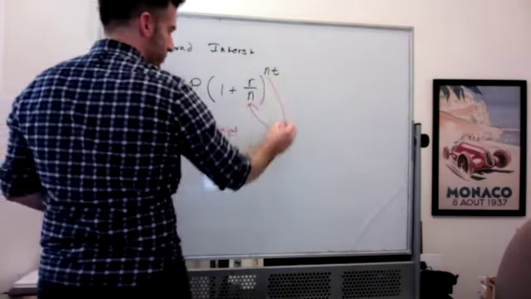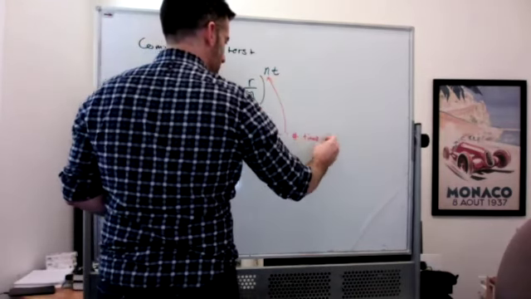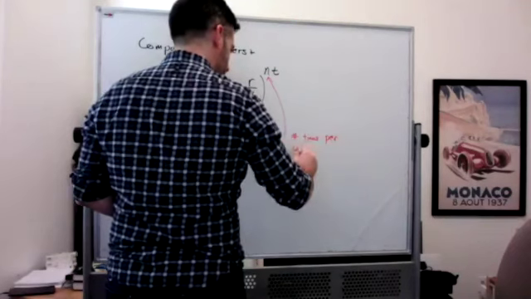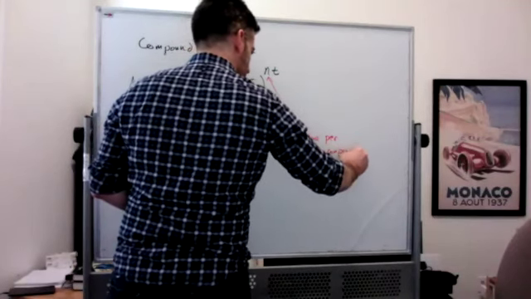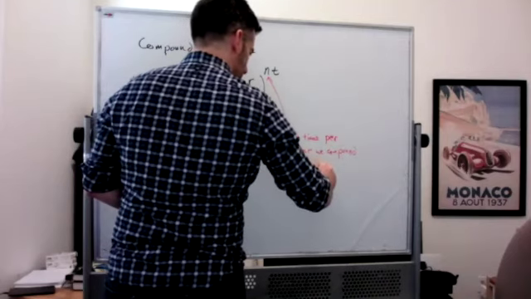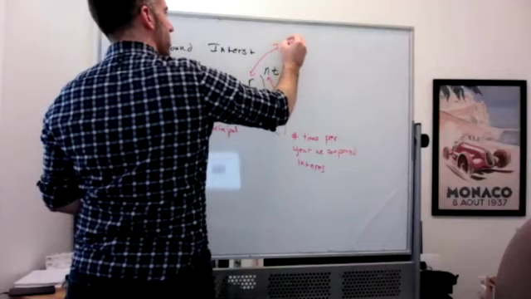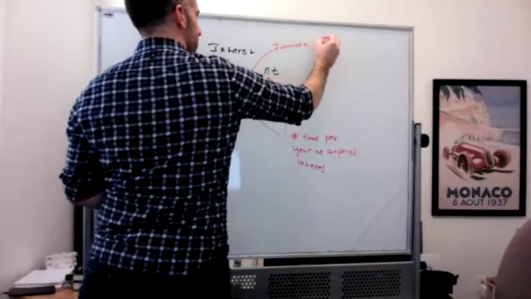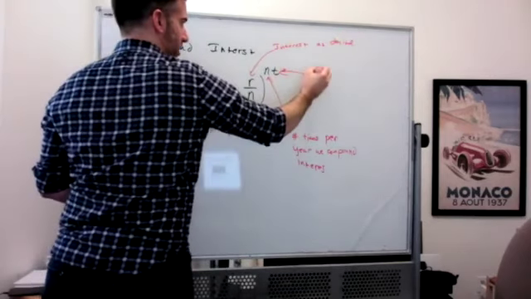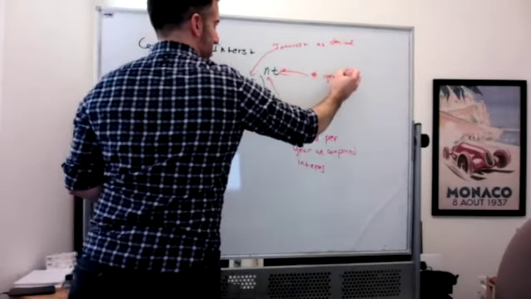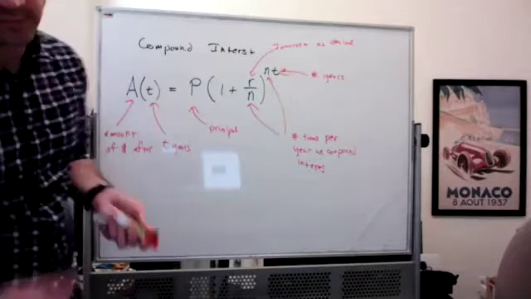N is the number of times per year that we compound. R is still the interest rate as a decimal. And T is, once again, the number of years. So this is the formula for compound interest.